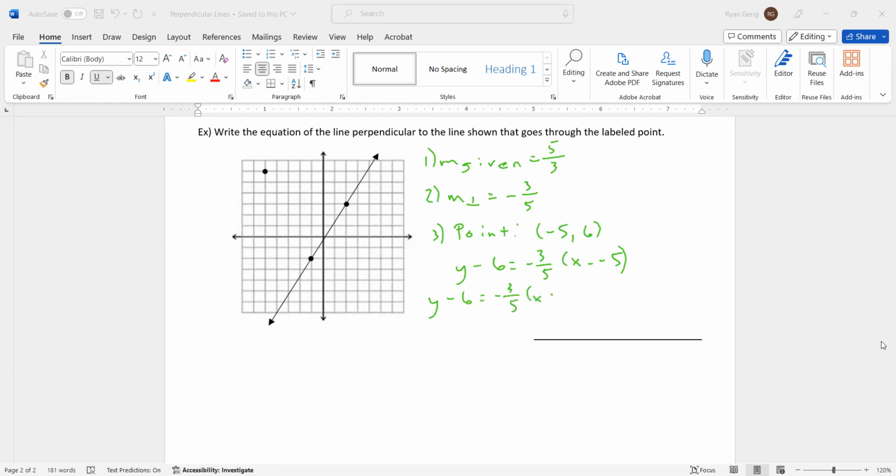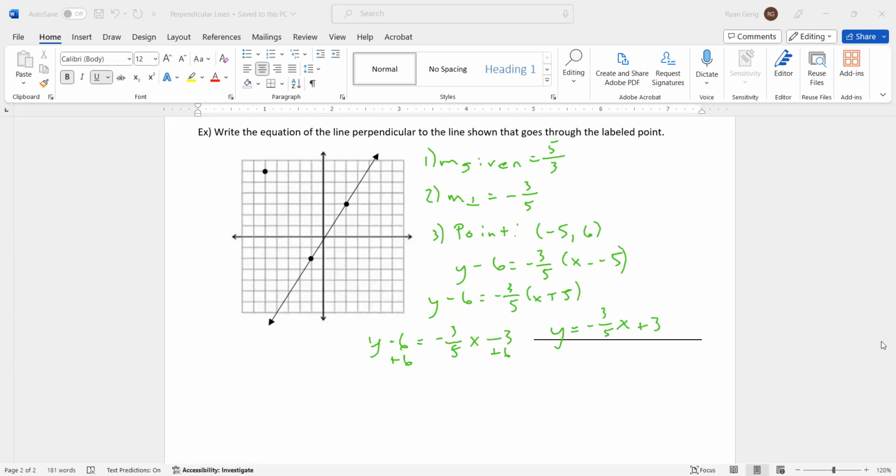So first I'm going to do x plus 5. Distribute. I get y minus 6 equals -3/5 x. -3/5 times 5 is -3. And I'm going to add 6. Get y equals -3/5 x. -3 plus 6 is 3.